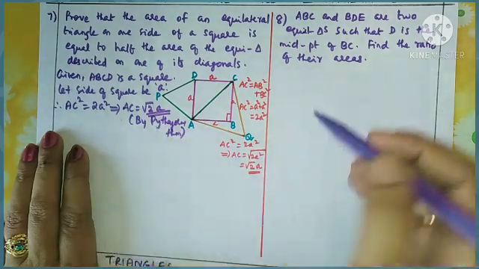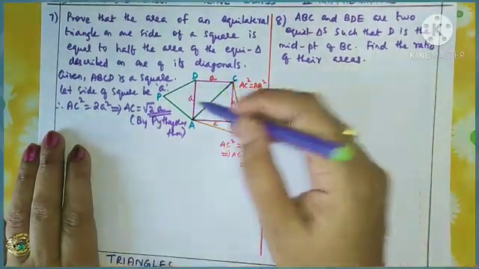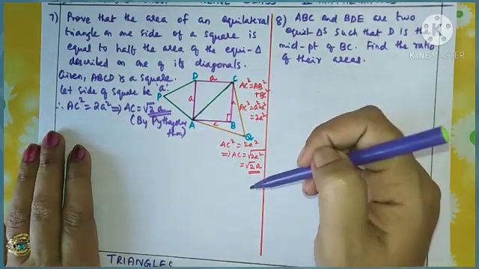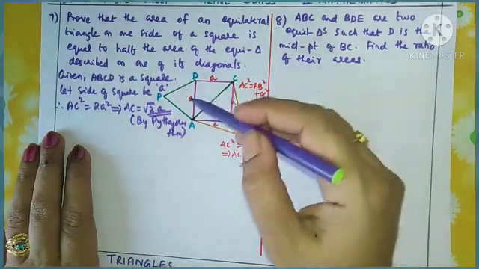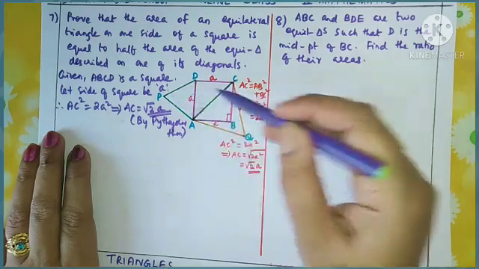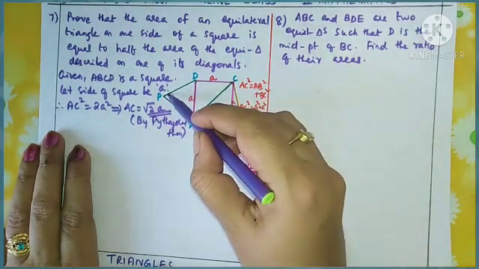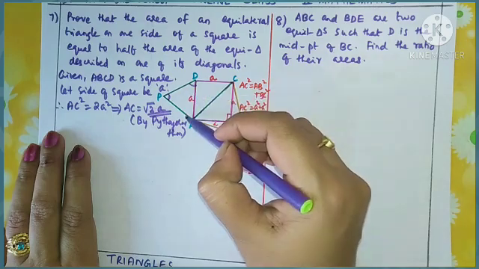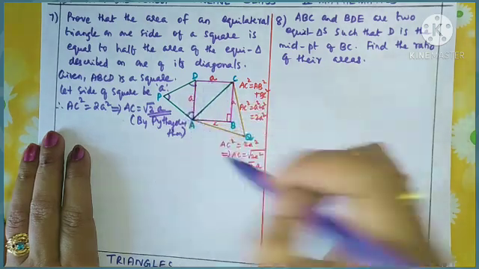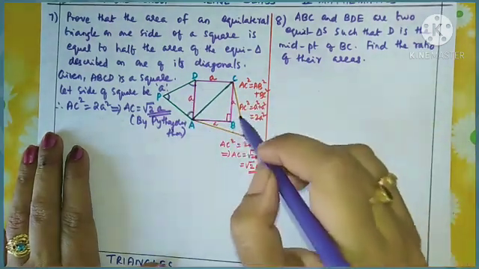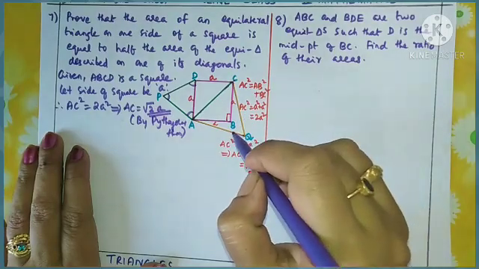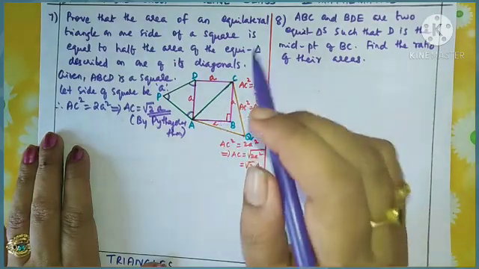Now you see children, these two triangles are similar triangles. Can you say? Yes, because this is also an equilateral triangle, this is also an equilateral triangle. And you know, in an equilateral triangle, all the three angles are equal to 60 degrees, because the total sum of the angles of a triangle, the angle sum property, is 180 degrees.